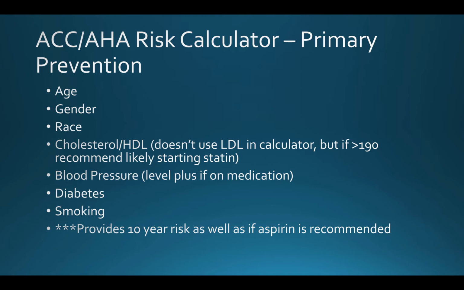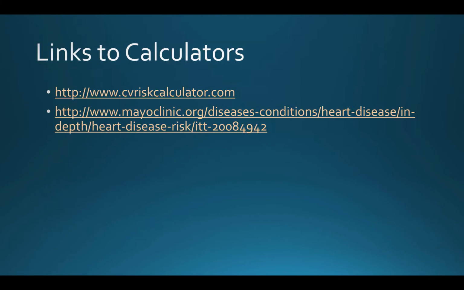When you click yes or no, as far as smoker or non-smoker, that is a huge, huge risk factor, and it greatly increases the 10-year risk of an event happening. So definitely I would encourage you to go check out a couple of these calculators, plug and play with the numbers. It also kind of helps you memorize some of those risk factors.